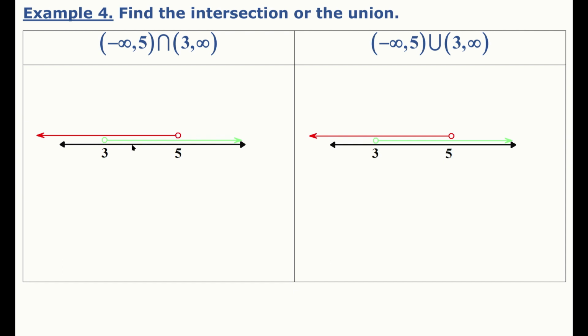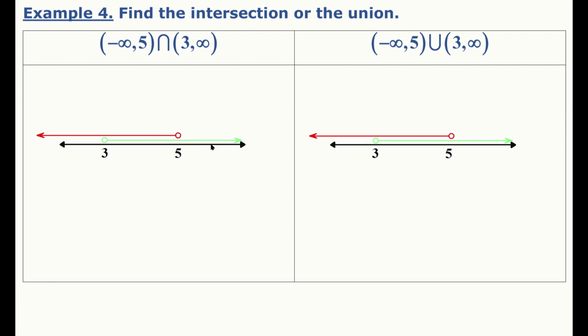And in green, we have depicted the second interval, which is from 3 to infinity, so all real numbers greater than 3. And notice that if we want the intersection of those two intervals, we're looking for points in common, and that would be exactly right in this region between 3 and 5.